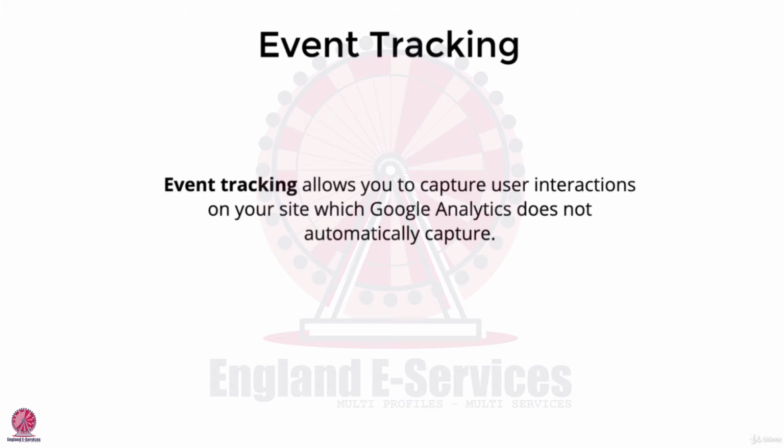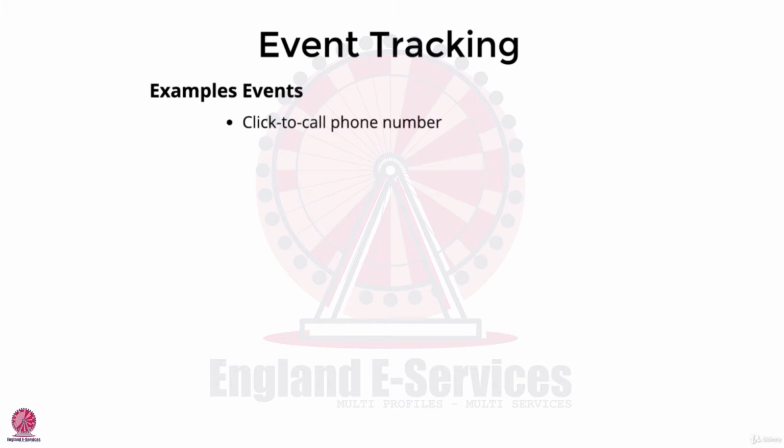Some examples to make it really clear: tracking how many people click on a click-to-call phone number on your website. Imagine you're a local business with a phone number at the top. You really want to track how many people click on that, because that is the main purpose of your website, to get users to make an order from you.